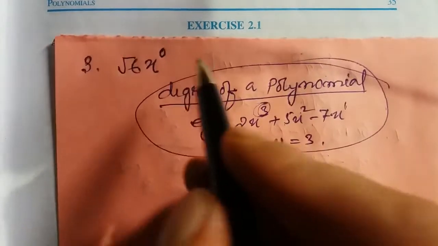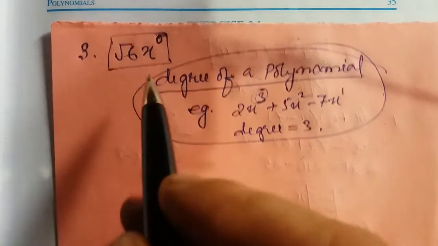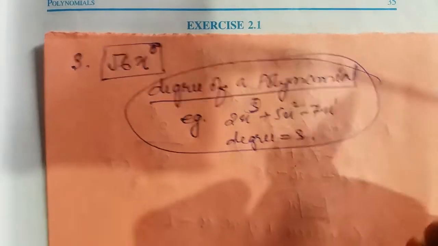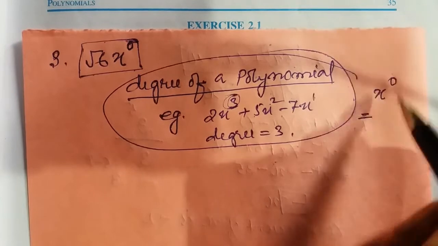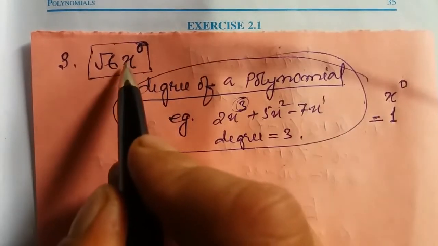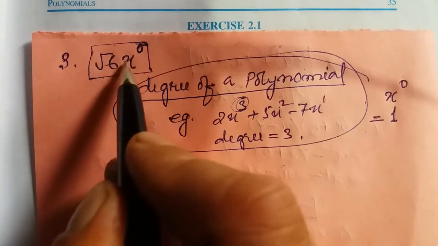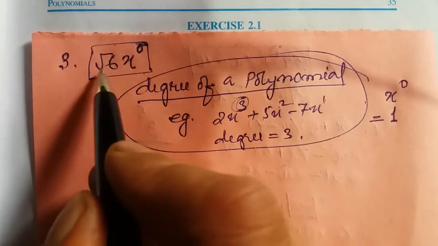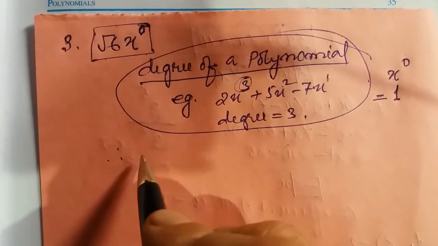Now here our polynomial is root 6, and since any number to the power 0 is 1, x to the power 0 is 1, so even if we write x to the power 0, it is still root 6, because root 6 into 1 is root 6. The power here is 0, so the degree of this polynomial is 0.